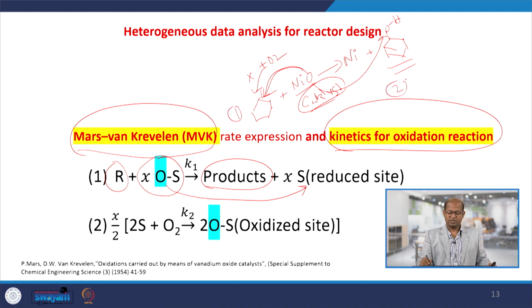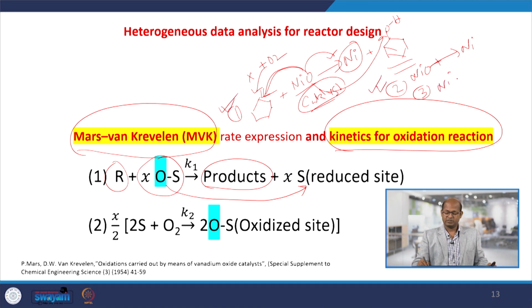Step 2 is that the metal oxide is reduced, nickel oxide to nickel. So, this is reaction 1, this is reaction 2, and the third is the reverse reaction, which takes place simultaneously: molecular oxygen reacts with nickel and is converted again into nickel oxide.